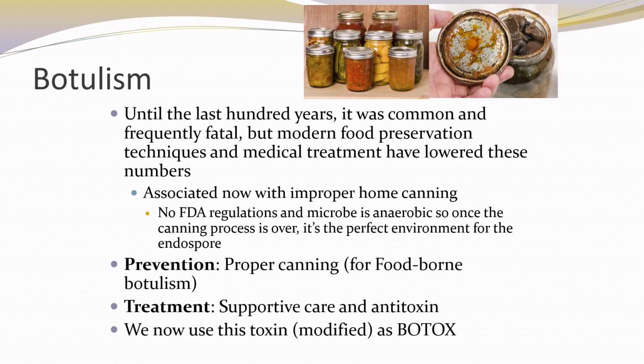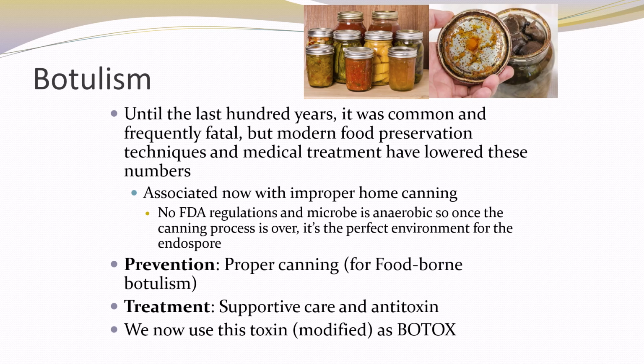However, a little PSA when it comes to canning food: if you can food with these mason jars, which is a fabulous way to can and store food that you make yourself, just make sure that the center of that metal disc in the middle of the lid doesn't pop. If it pops, then there are gases being produced by microbes, and that means that there are microbes in there. Does it mean that it's this particular type of microbe that causes botulism?